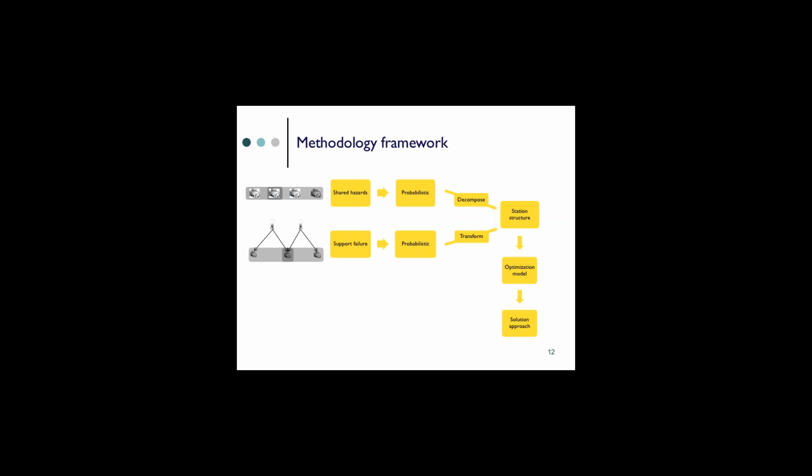Then from the probabilistic representation, we build a unified station structure representation using either decomposition or transformation techniques. These representations and techniques will be explained later. Then, based on the station structure representation, we formulate the location design problem into an optimization model. Finally, we design several customized solution approaches to solve this model effectively and get the final location design solution.